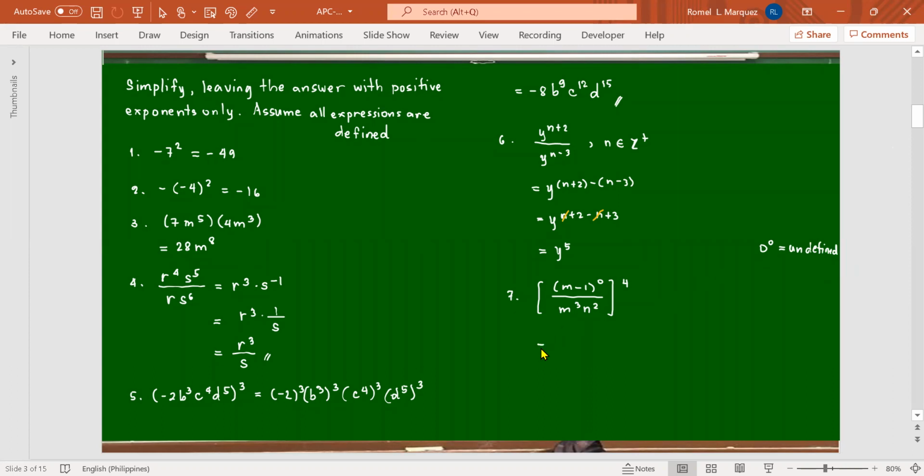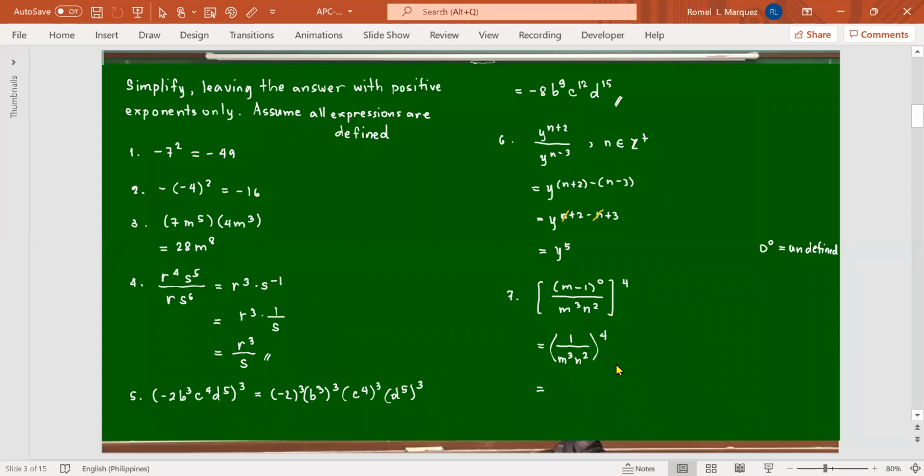Let's now have m minus 1 raised to 0. From one of the laws of exponent, it is equal to 1. Am I correct, children? Yes. M cubed n squared, the denominator, raised to 4, no? We can distribute this 4 to the exponent of every expression involved here.